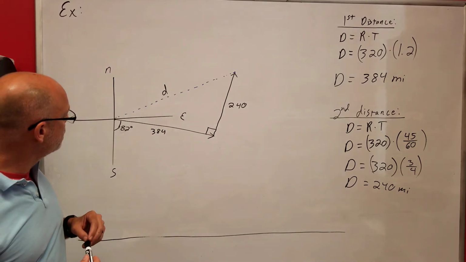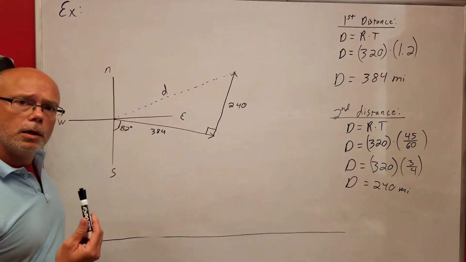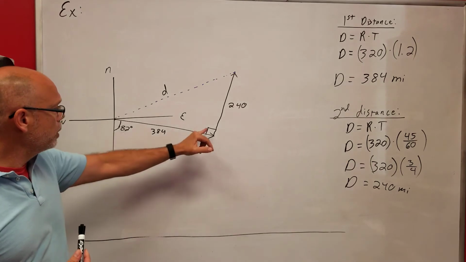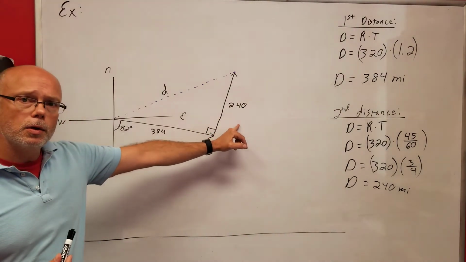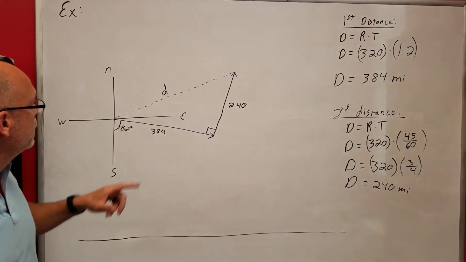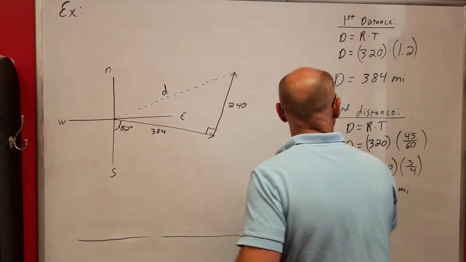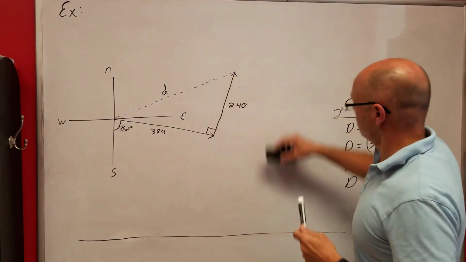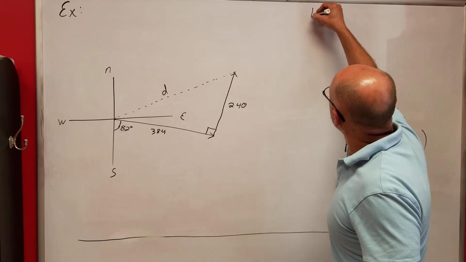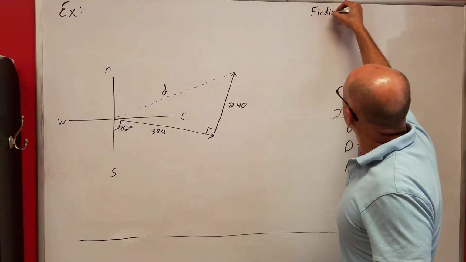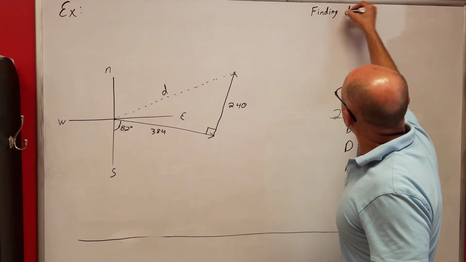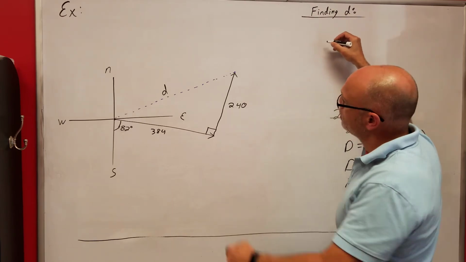Actually, I don't even know if that's going to work here. No, that's not going to work here. So what am I going to do? Well, I have a right triangle. I know two sides, so I can use the Pythagorean theorem to find this d value. So let's do that. I'm going to be finding lowercase d. How do I do that? Use the Pythagorean theorem.